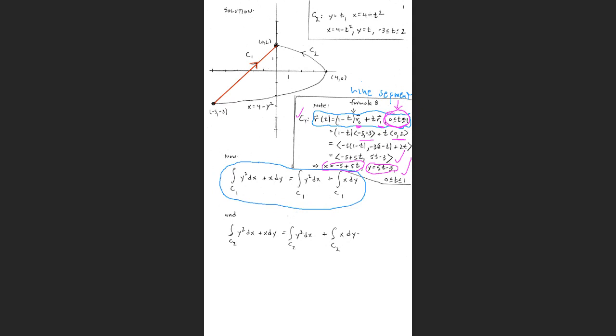Okay, so our goal now, and we'll come back to the second space curve, is to compute the sum of these two line integrals, one with respect to x and one with respect to y. Let's go to the next page.